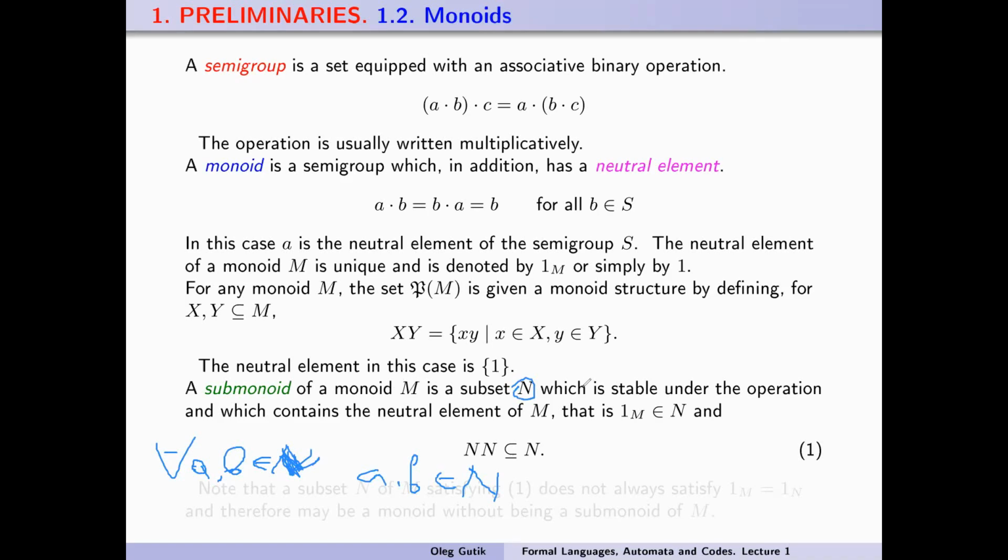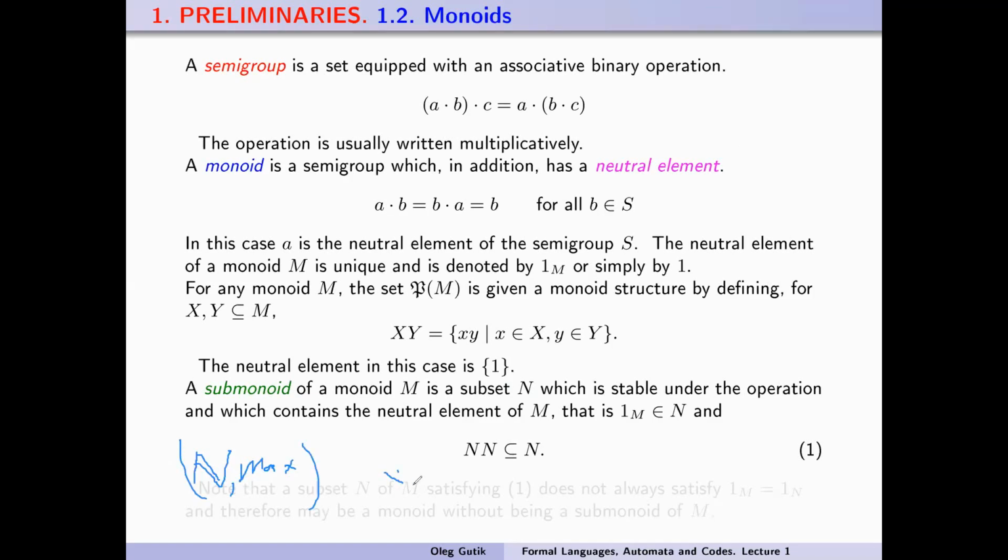Also, next week we shall give some examples of a submonoid of a monoid, and before that we consider the following semigroup. We consider the set of non-negative integers with the operation maximum. What is the operation? It's a very simple operation.